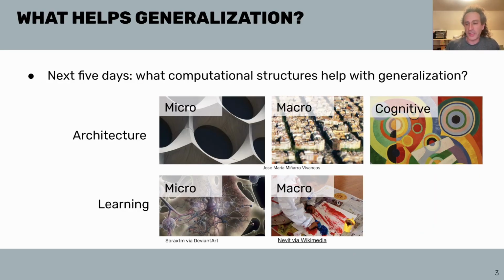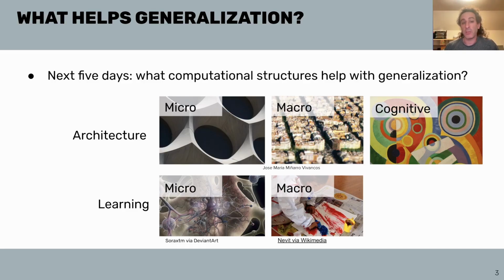So the first few days of the course dealt with the big picture in neuro AI and started to establish what it means to compare brains and machines, the tasks that they're doing, the networks that they use. And now, in the next 5 days, we're going to talk about what computational structures in brains and machines can help them perform and be intelligent, help them generalize. So we'll focus on architecture and learning at different scales.